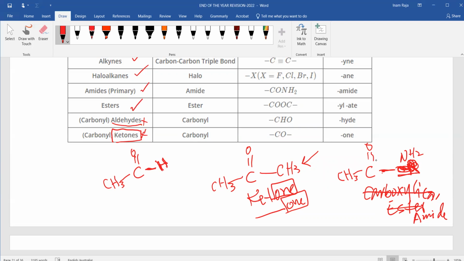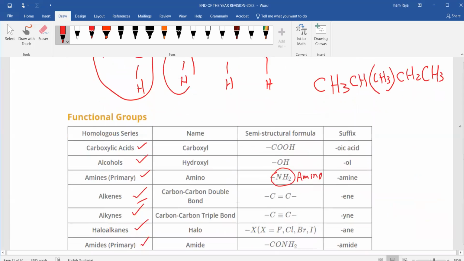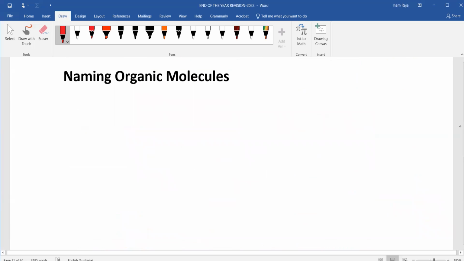So that is aldehyde, and it ends with the name AL, like methanal or ethanal. Remember that because aldehyde starts with AL, the name ends with AL also. All right. So these are the function groups you need to know, because in the exam they might ask you to encircle the group.